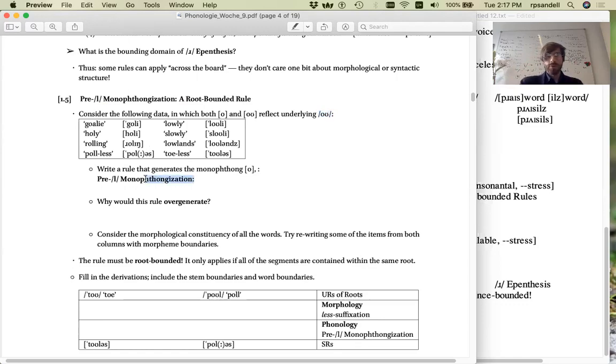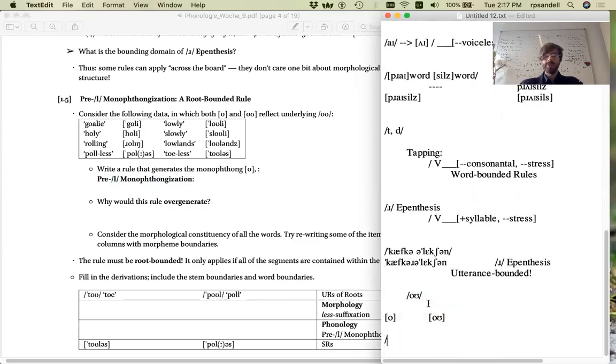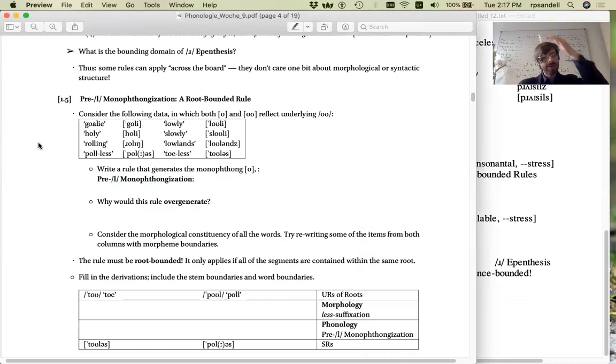So if we simply try to write a rule for generating the monophthong to account for this distribution of allophones, let's say the diphthongal phoneme O is monophthongized to O if there is a following lateral approximant, L. But based upon the data that we can see in the box here, this rule would clearly overgenerate. Why? In the examples on the left, we have no problem. It looks like L monophthongization would work as assumed.